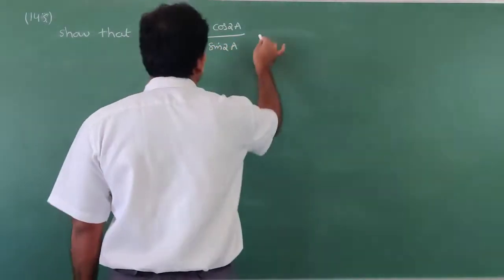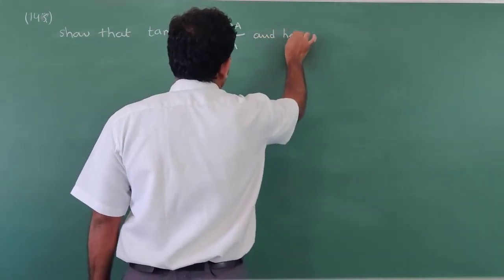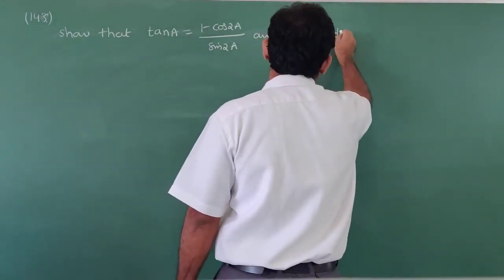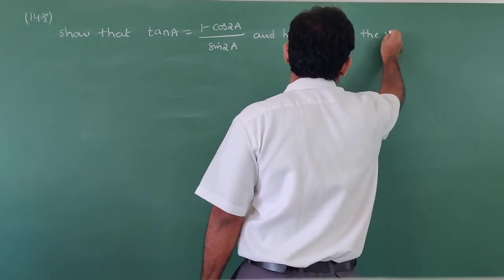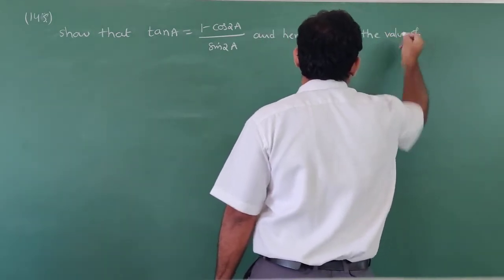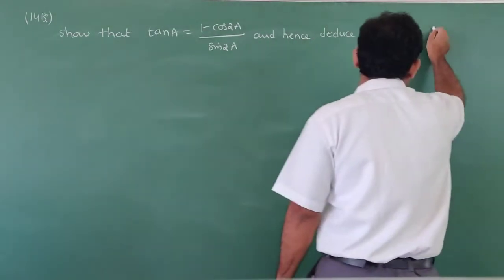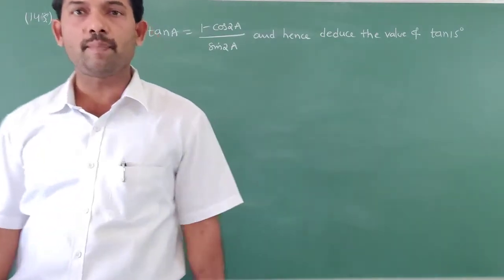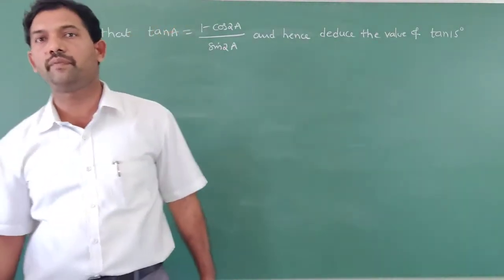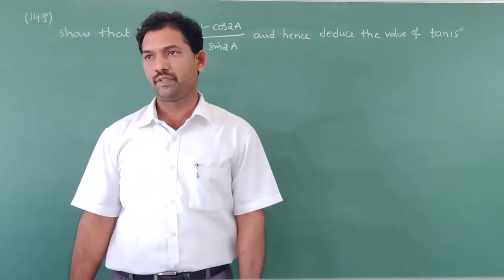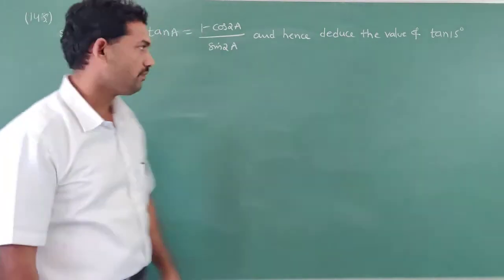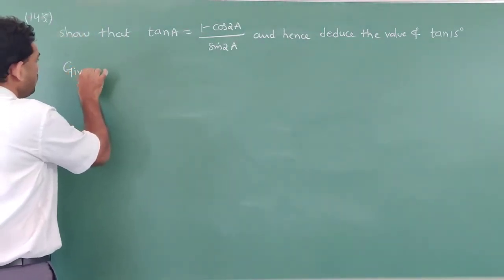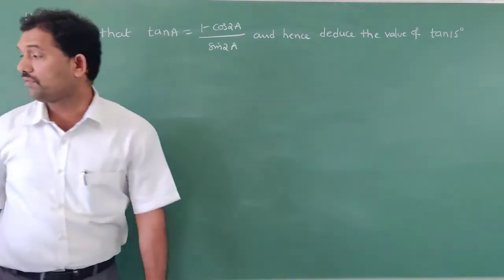Hence deduce the value of tan 15 degrees. Using this question, you have to simplify tan 15 degrees. See how? Remember this point. So first we have to show this value.